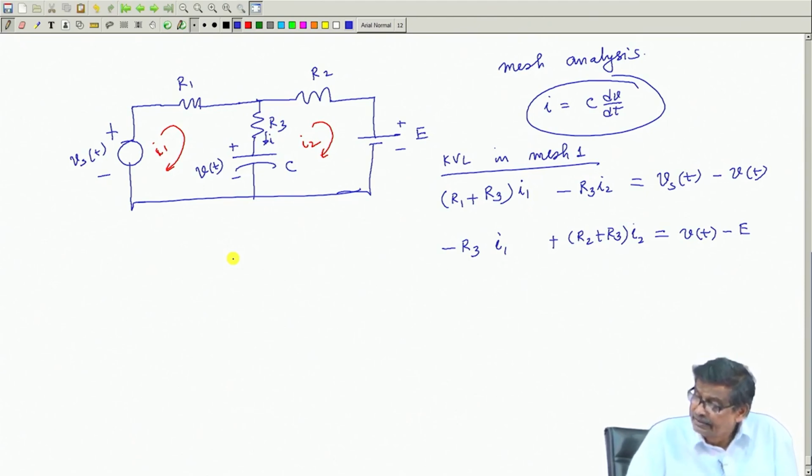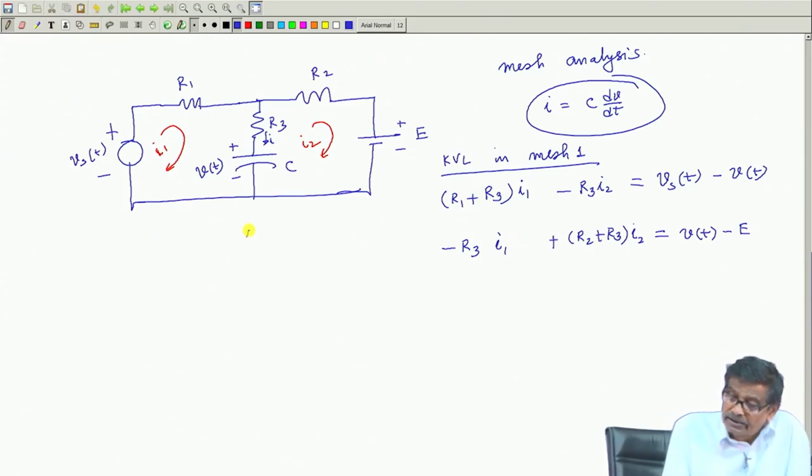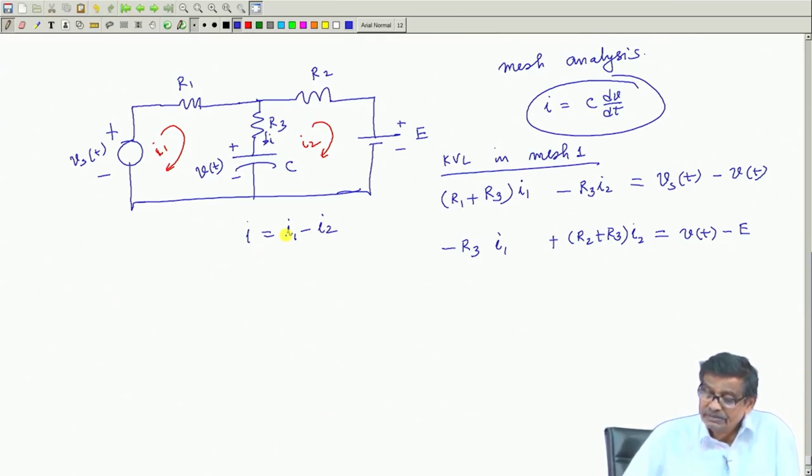But there is a third equation needed. Here this source voltage VT depends on I. So, this I is nothing but I1 minus I2.